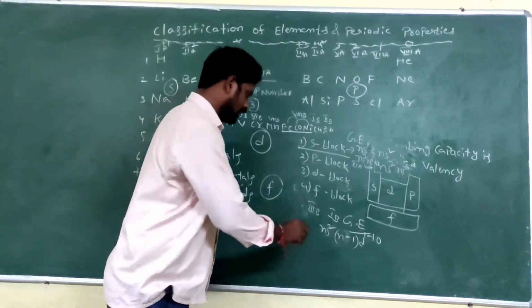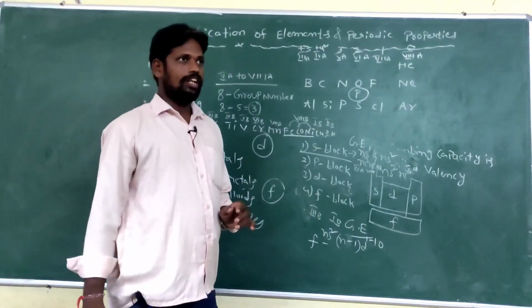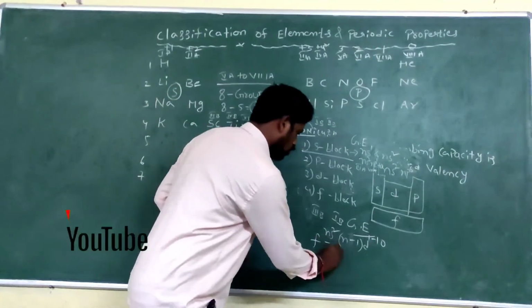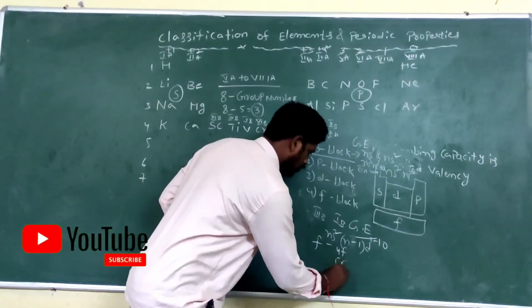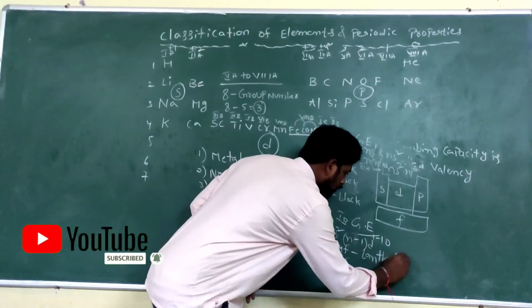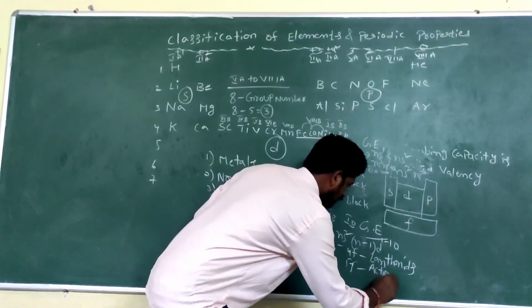Next, F block elements. F block elements contain two groups: 4F and 5F. 4F elements are called lanthanides, and 5F elements are called actinides.